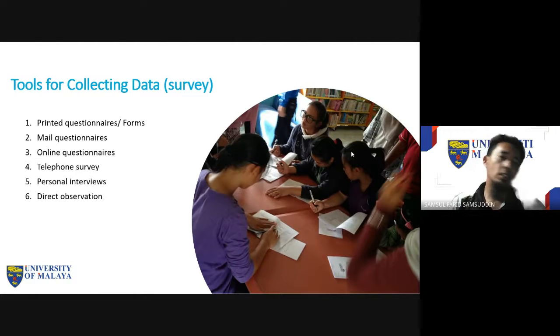Is it using a printed questionnaire, and how was the data collected? Was it controlled by the researcher itself or by a hired trained enumerator? So this kind of statement should be clarified in your chapter 3, right?